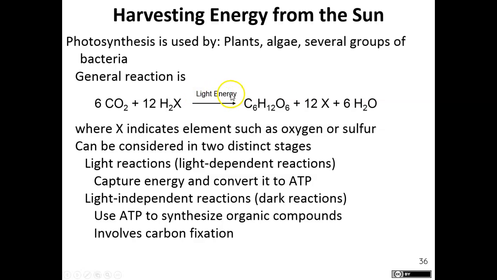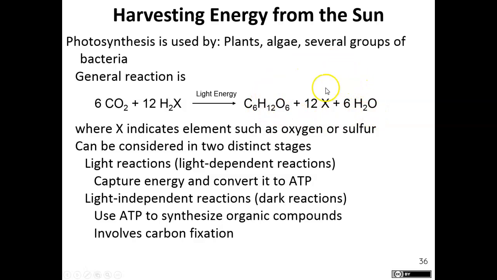We take in sunlight energy and we convert the carbon dioxide into glucose, so we reduce it to glucose, and we're going to oxidize this to something else. So if this is water, we oxidize it to oxygen. If this is hydrogen sulfide, then we oxidize it to sulfur.